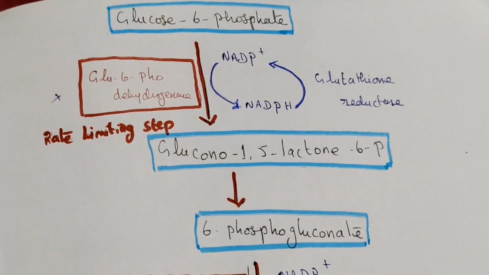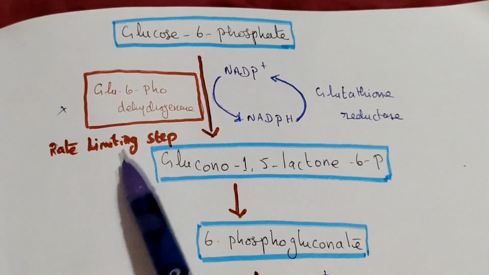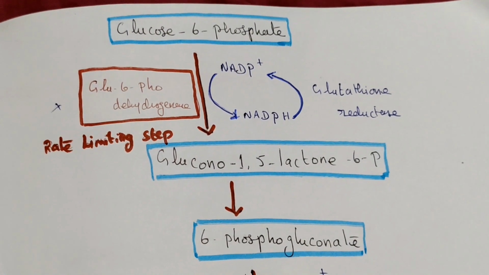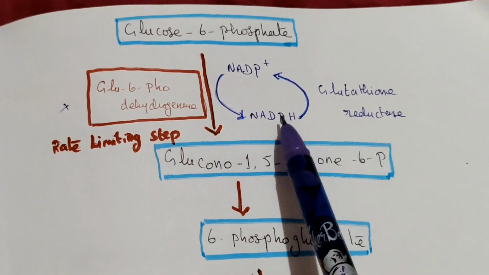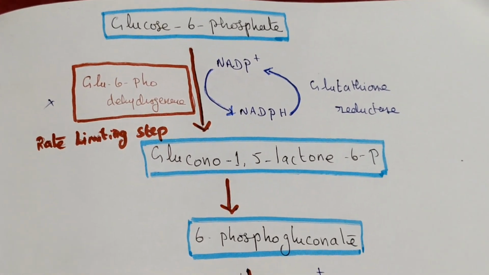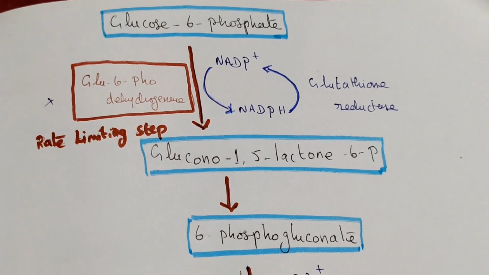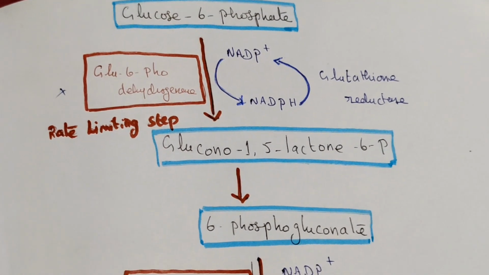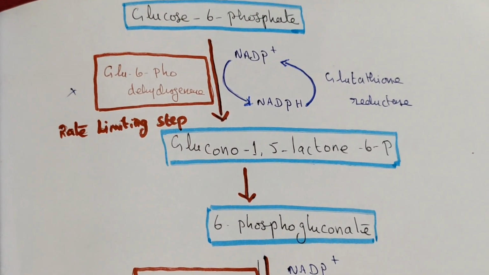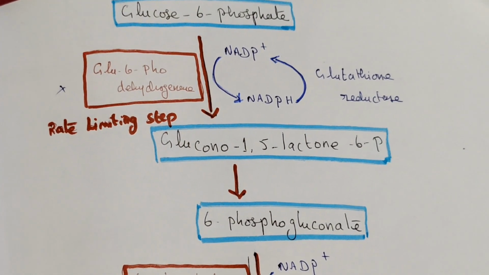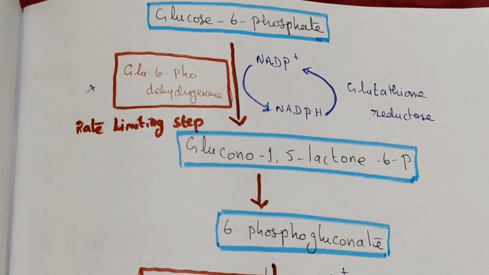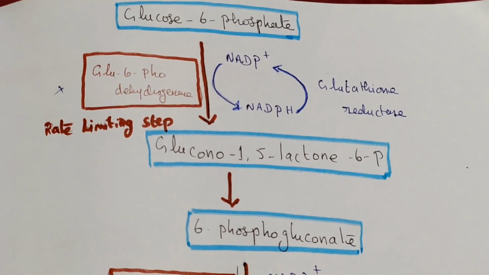So when this enzyme is deficient or absent, NADPH decreases, and this reduces glutathione reductase enzyme activity, which then reduces its ability to clear reactive oxygen species, or ROS, which would increase reactive oxygen species.